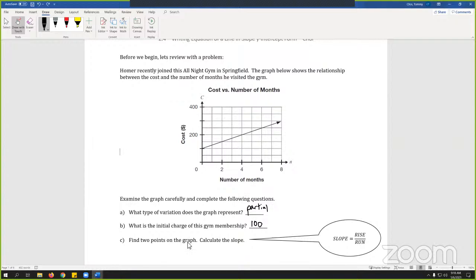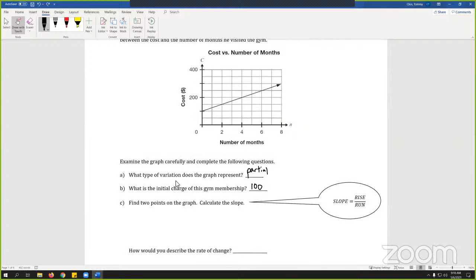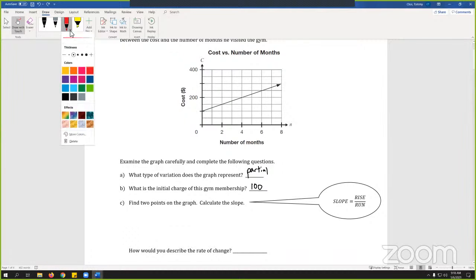Then it says find 2 points on the graph and calculate the slope. So I'm going to give you guys 3 minutes to do so. It could be any point. When you're looking for points on a line, you're looking for where it hits the corner of the square on the grid. Let's do it in red.